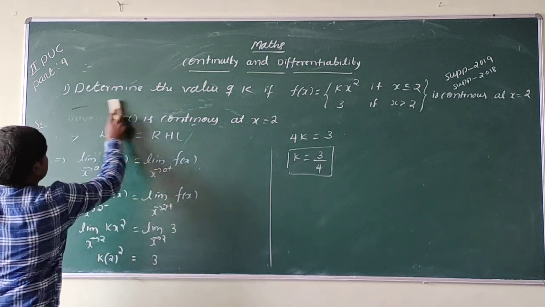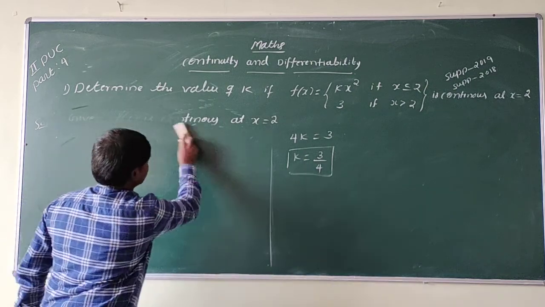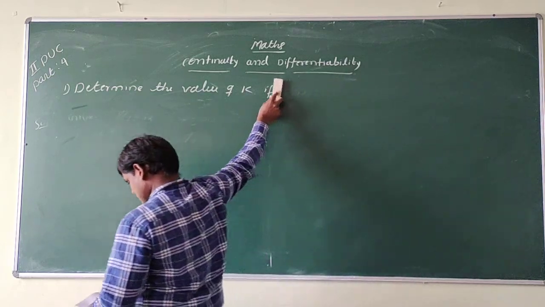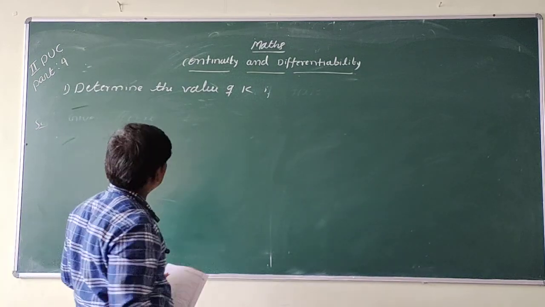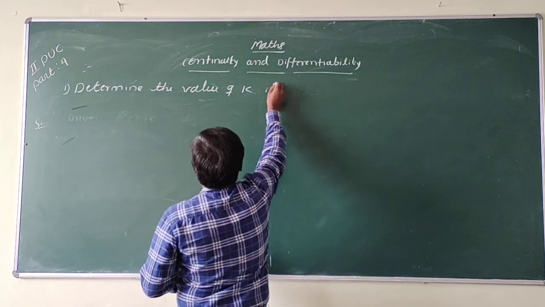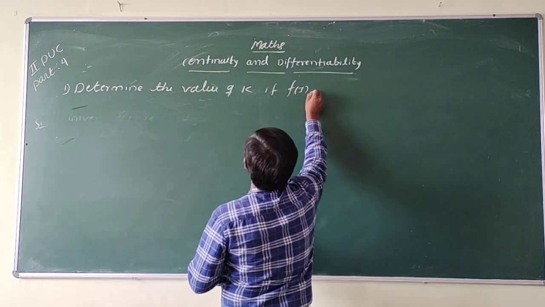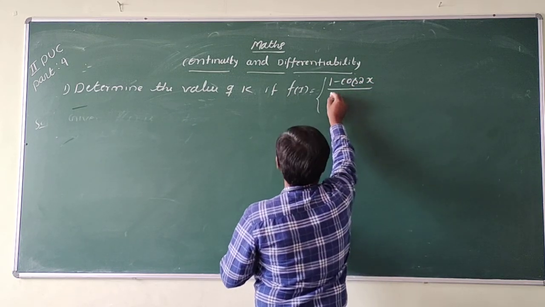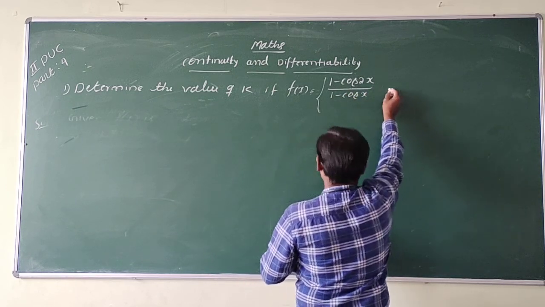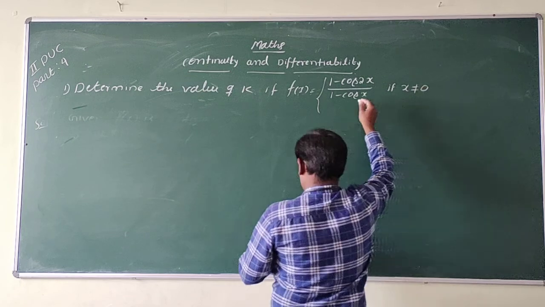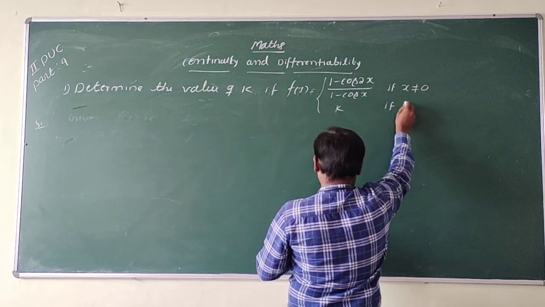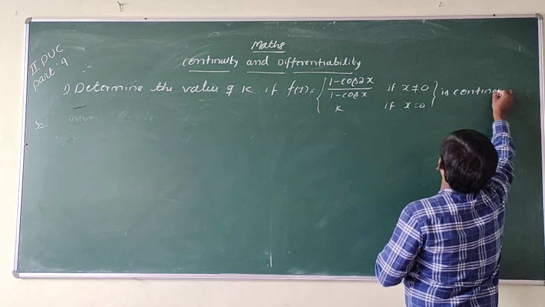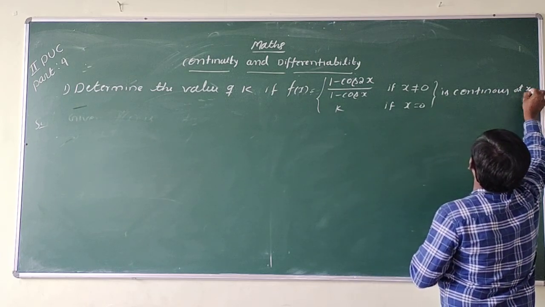So next problem. Determine the value of k if f of x is equal to 1 minus cos 2x divided by 1 minus cos x if x is not equal to 0, and k if x is equal to 0, is continuous at x is equal to 0.